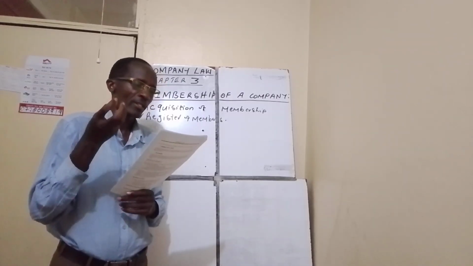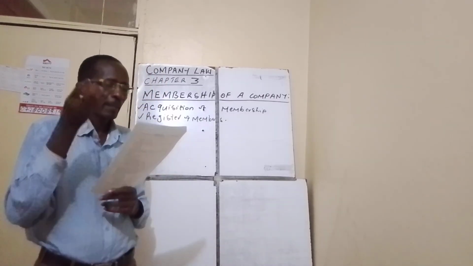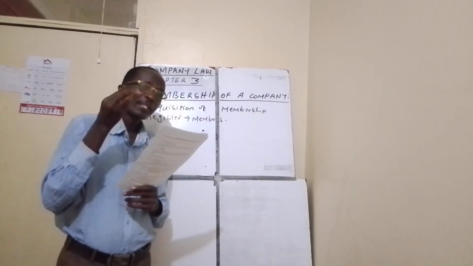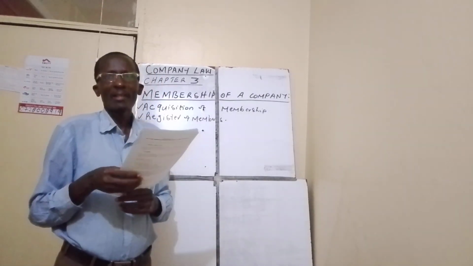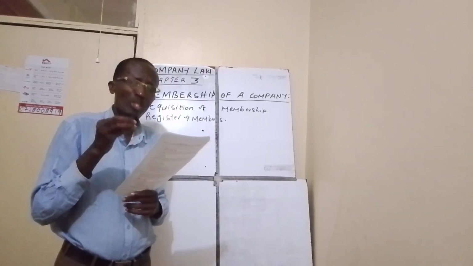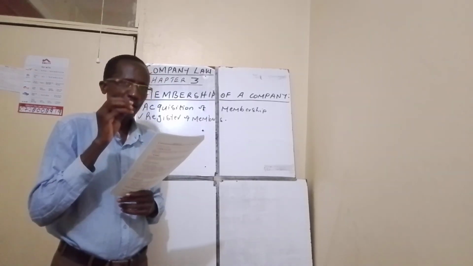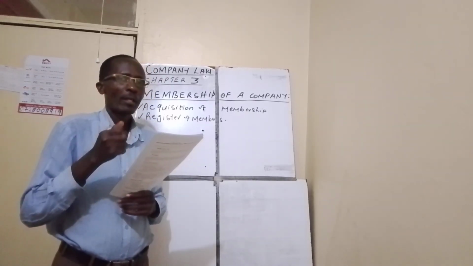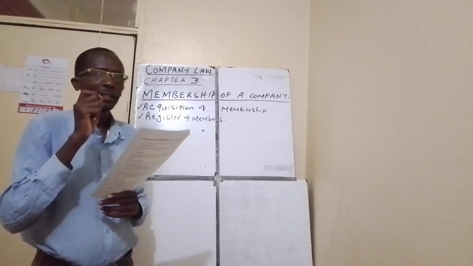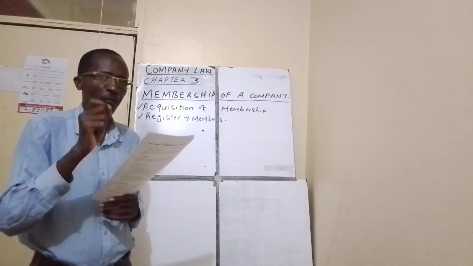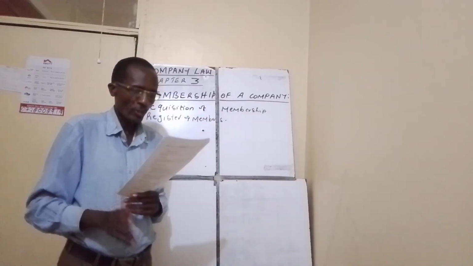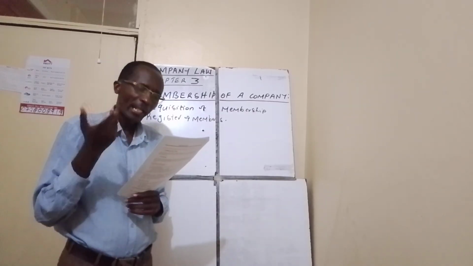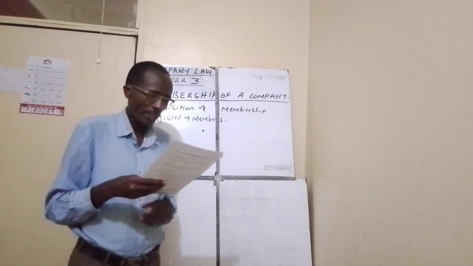So these are the parties who can make an application to the court so that the court, specifically the High Court, can issue an injunction or court order demanding the register of members to be rectified. And these are the aggrieved person or any member or the company.